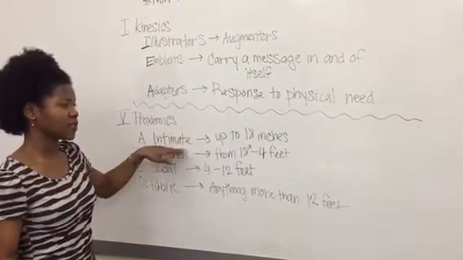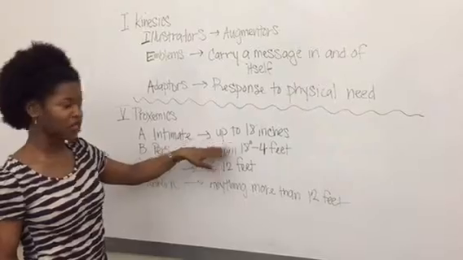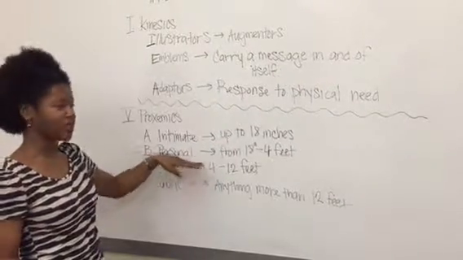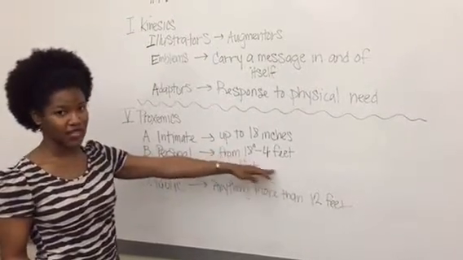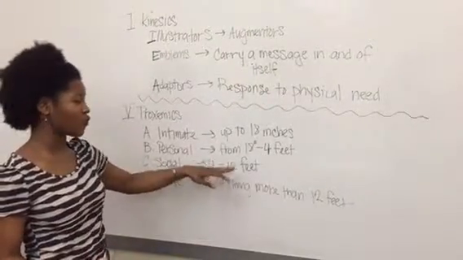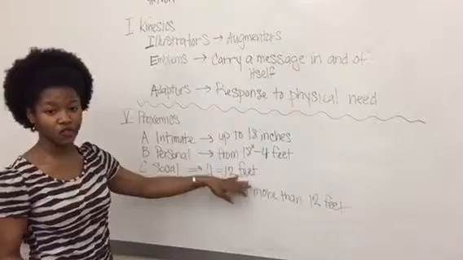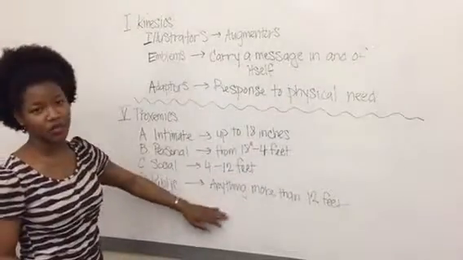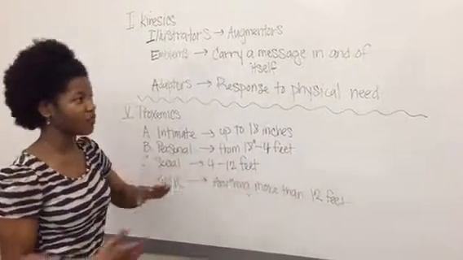You have intimate space, which is up to 18 inches. You have personal space, which is 18 inches to 4 feet. And then you have social space, which is 4 feet to 12 feet. And then you have public, which is anything over 12.